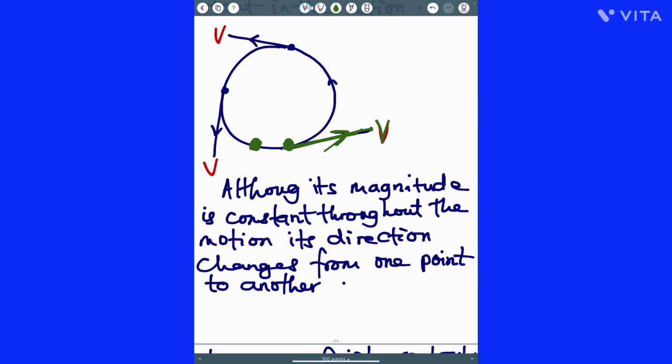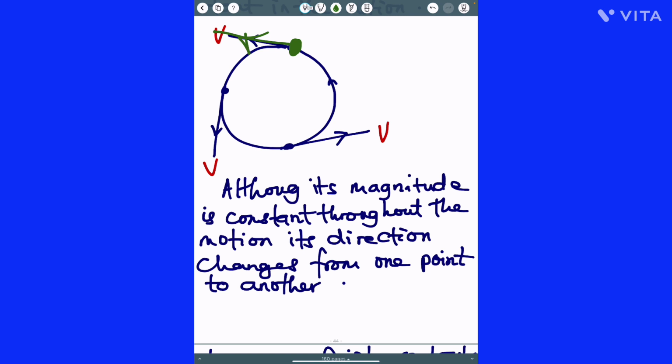That's the linear velocity or tangential velocity or tangential speed. Any of them is an equivalent term used for linear velocity. So on getting to this point too, its linear velocity will be the tangent to that circle.